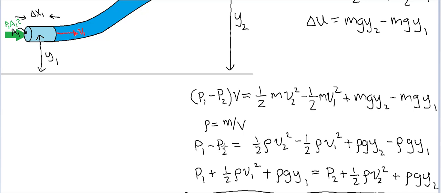And then all we're going to do is group terms. We're going to put everything that has a subscript 1 on the left and everything that has a subscript 2 on the right. And if we do that, we get that P1 plus half rho v1 squared plus rho g y1 is equal to P2 plus half rho v2 squared plus rho g y2.